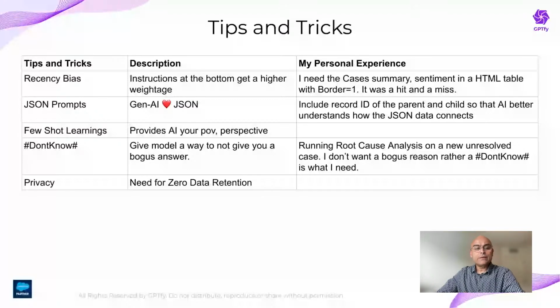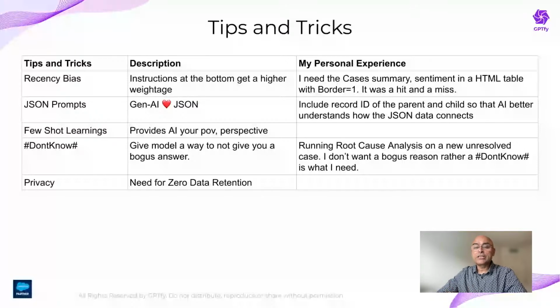Most of the LLMs have recency bias, which basically means that they scan your prompt from top to bottom, and anything at the bottom of the prompt gets higher weightage. And sometimes you have to use it to your advantage.